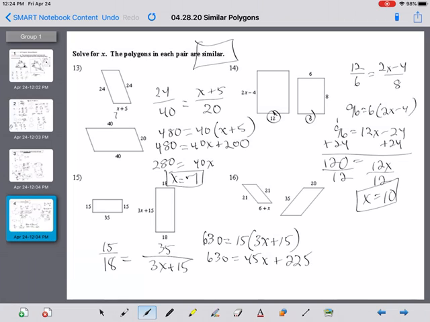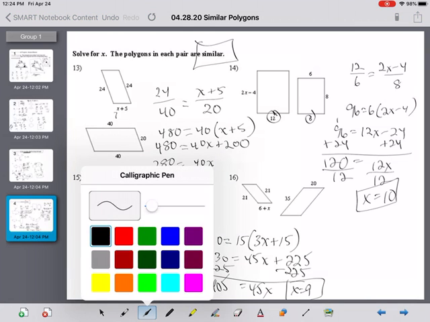Cross multiply. 15 times 15 is 225. Subtract 225 from both sides. 405 divided by 45 is 9. So x equals 9. And then we'll go to this last one.